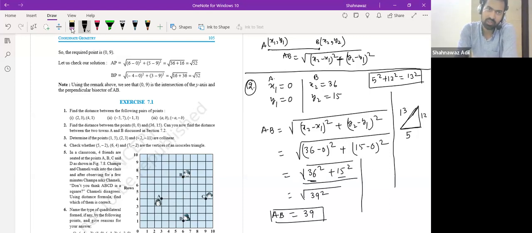So 36 square is how much? 36, 36. 1296 plus 225, right? Which is how much?